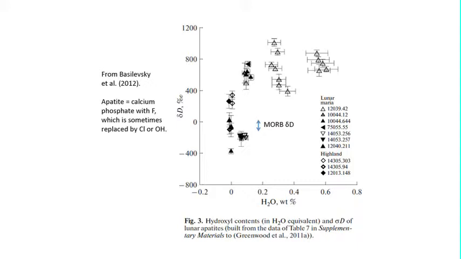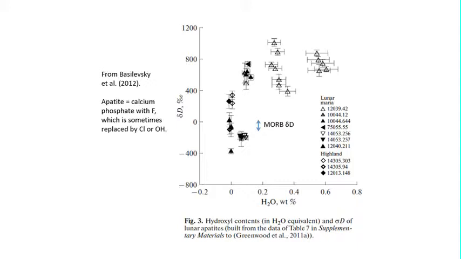So it's a concentrator of volatiles as a magma cools and crystallizes. So here's what you get. You get really close to a weight percent of water in this apatite.